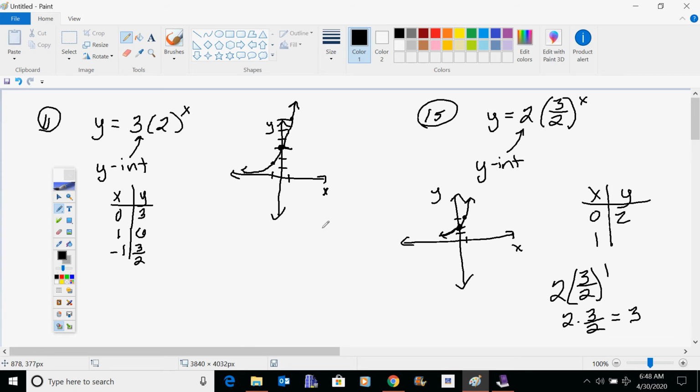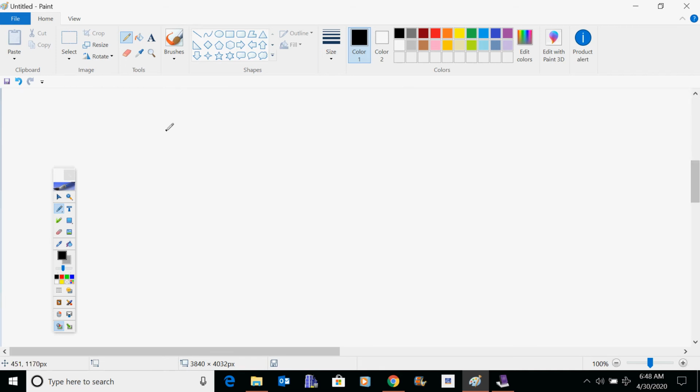Now, for example, though, if we had one that was smaller than 1, like number 17, 17 is actually fantastic. Let's take a look at 17. Y equals 5 times 1/3 to the x power minus 8. What makes that fantastic is it's got a whole bunch of things happening.